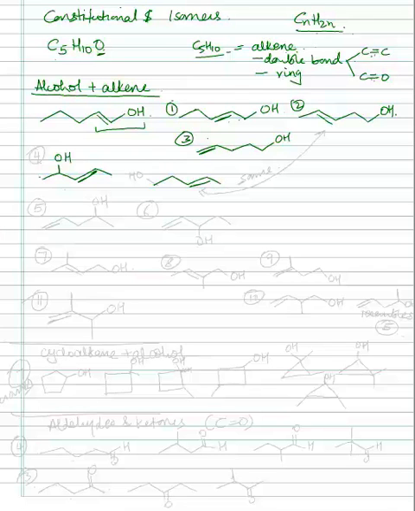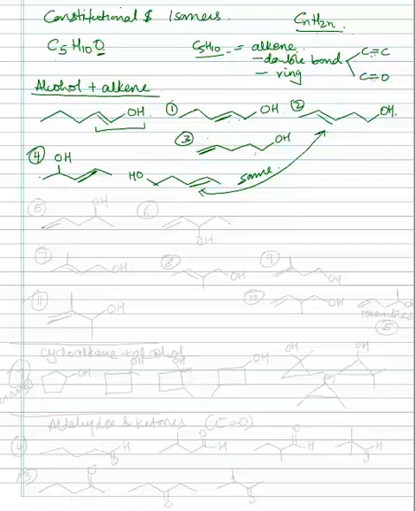So here is my double bond, and here is my alcohol. Now when I look at this structure and structure number 2, those two are the same. So you have to watch out for that, which means I have 4, and 5 really is not really 5.